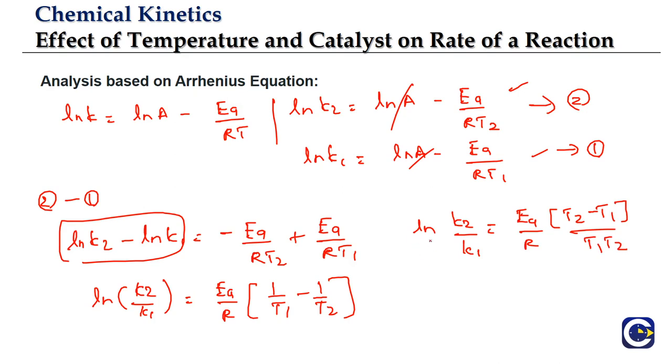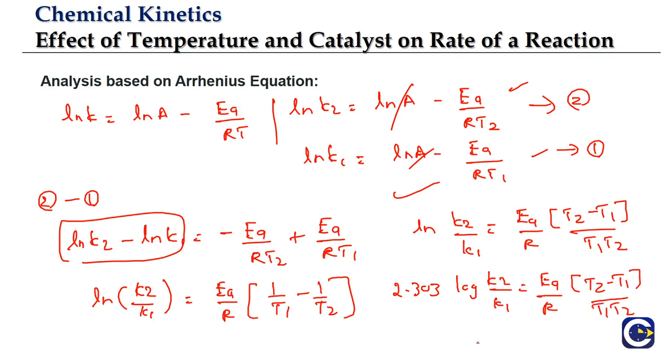We can convert this natural logarithm into decimal logarithm, because the natural logarithm of any number is 2.303 times the decimal logarithm of that number. So ln of k2 by k1 can be written as 2.303 log k2 by k1, equal to Ea by R into (T2 minus T1) by T1 T2.